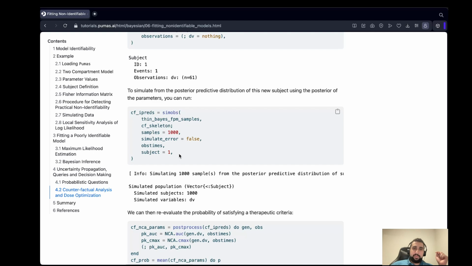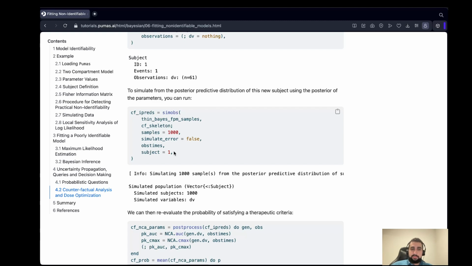So when you specify subject 1, it will use the posterior samples of the first subject. It assumes that this is a counterfactual, what-if analysis on the first subject, which means we're using the parameter values that were fitted to the first subject's data, including the individual parameters, or the random effects.